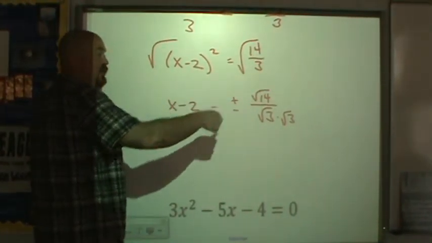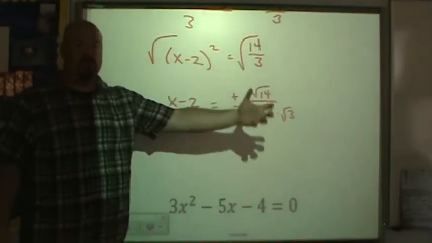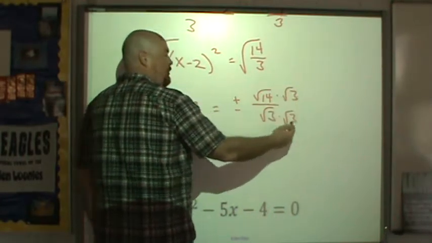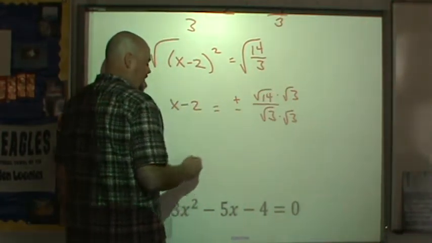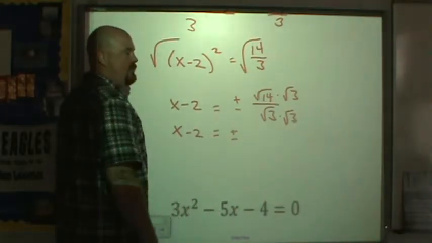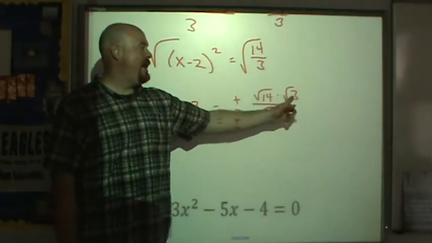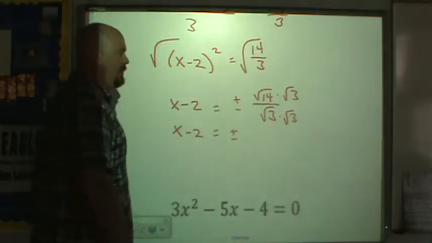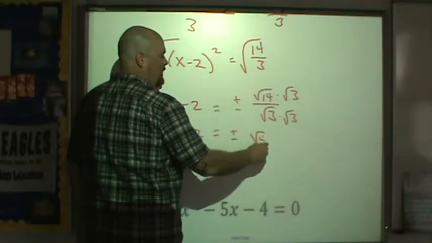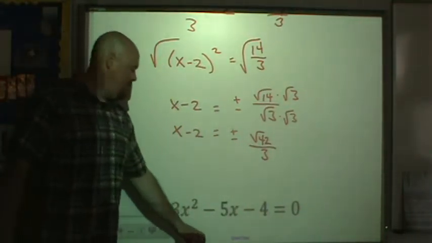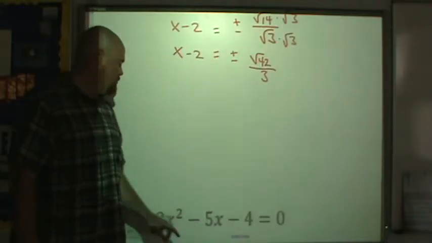I don't want to add 2 to this. Let's make it a little bit easier to look at. Multiply by radical 3 on the denominator and on the top. So I get plus or minus. Can I multiply radicals that are different? Yes, I can. So on the top, I get the square root of 42, and on the bottom, I get 3. Get out of here, you.